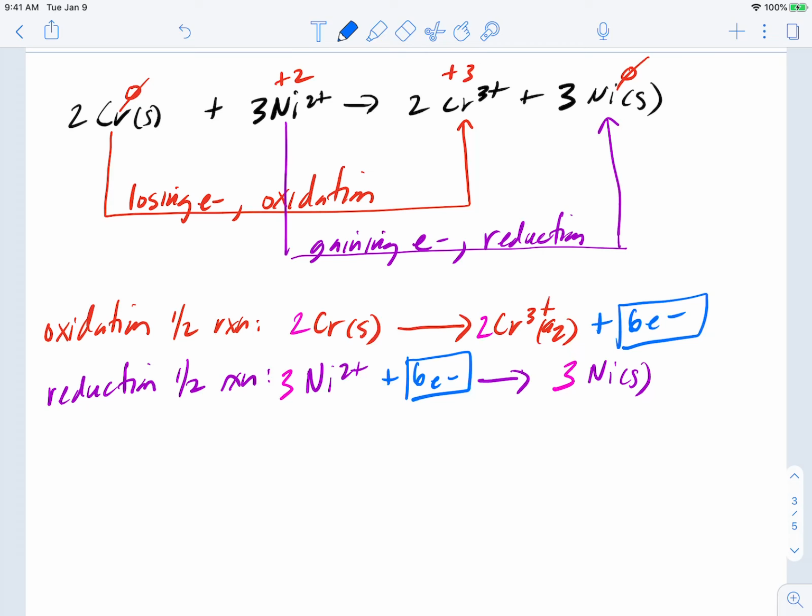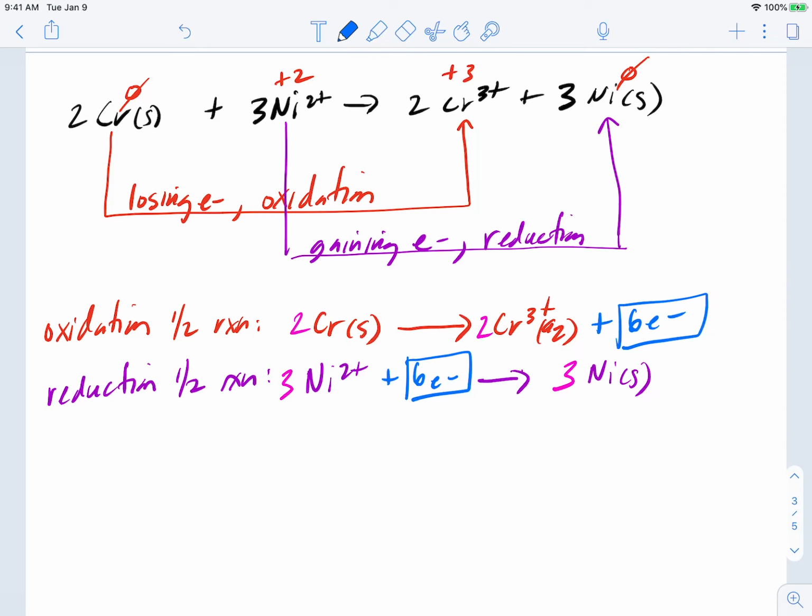We'll take care of this in more complex balancing, but it's good to know that these two values have to be the same, and that if you have species with a difference in charge, like +2 and +3, the total number of electrons for the reaction to occur might be different. So you might have to multiply by a number. For this reaction, you have 2 chromiums and 3 nickels, which gives us 6 electrons being transferred between the 2 reactants, chromium and nickel.